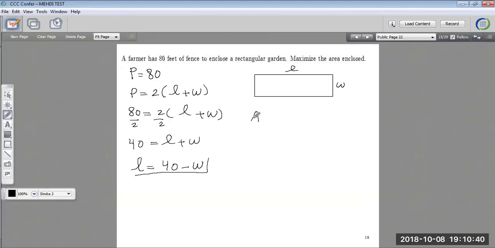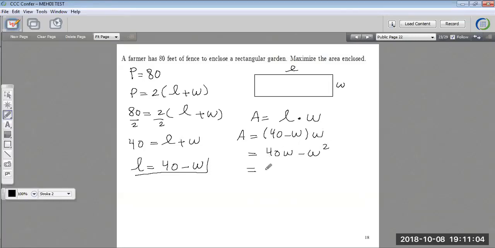Now we want to maximize the area. Area is equal to length times width. I already found length in terms of width. I'm going to substitute for L, 40 minus W, times W. So here I get 40W minus W squared.